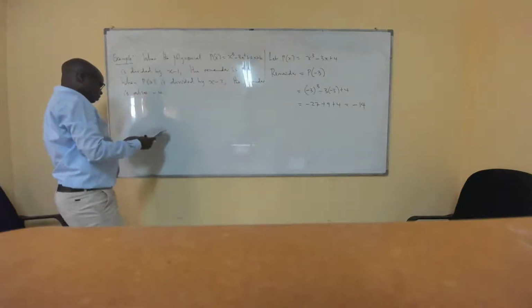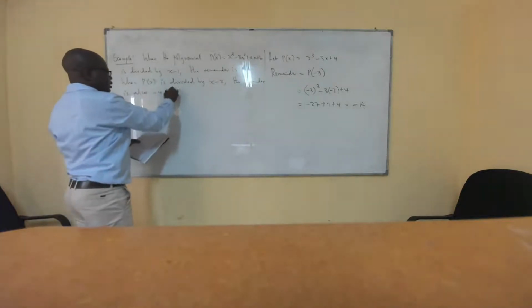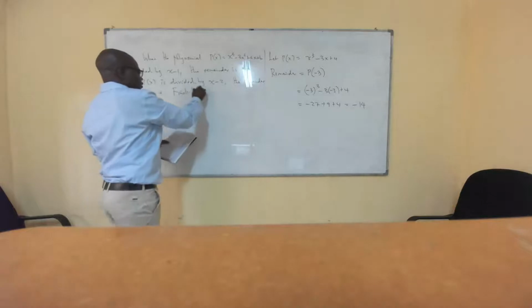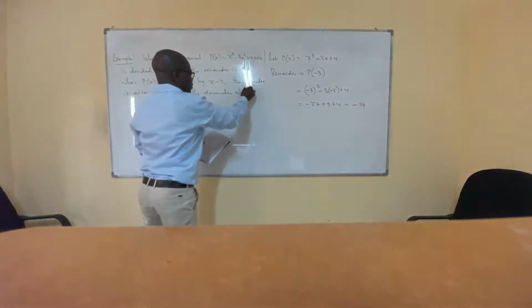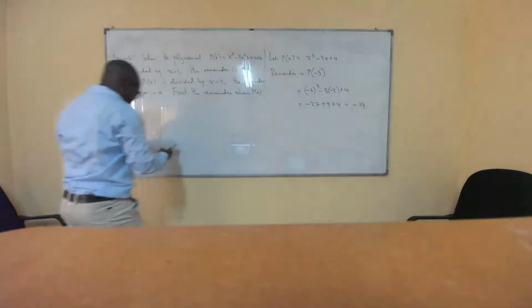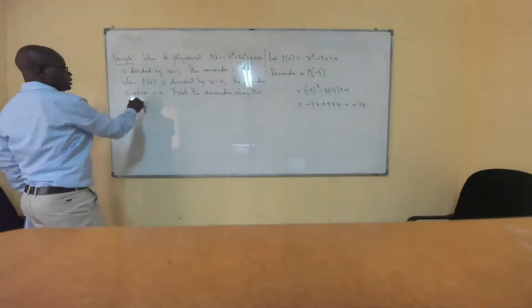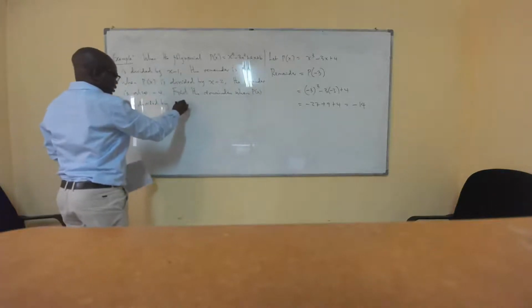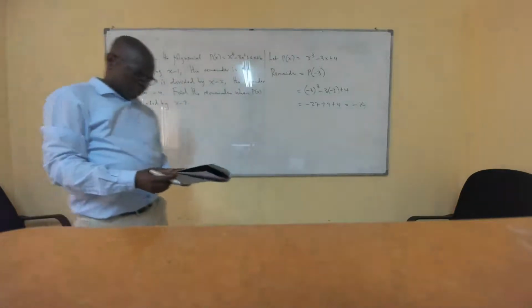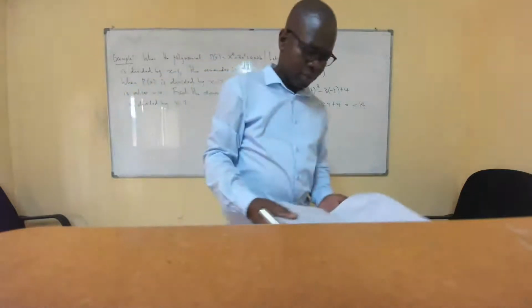So now let's find the remainder when this polynomial P of x is divided by x minus 3. So this is what we are faced with.